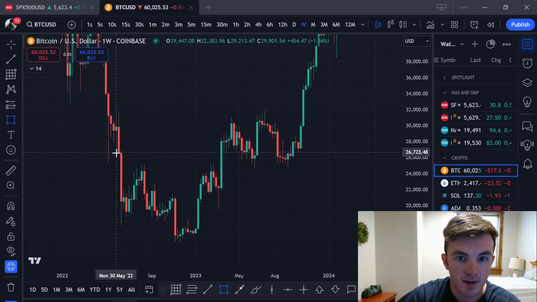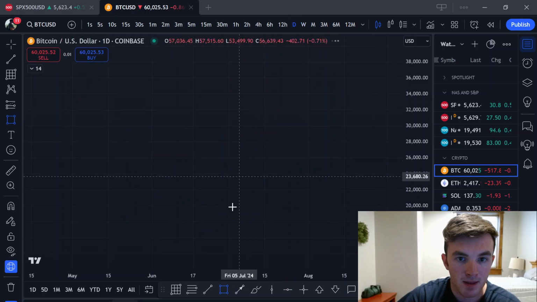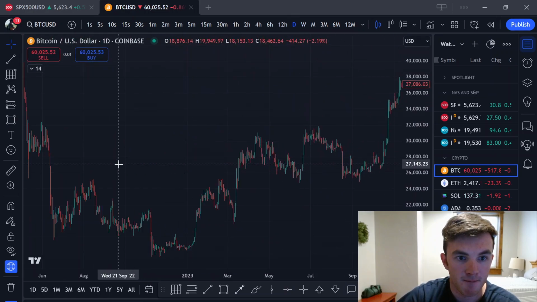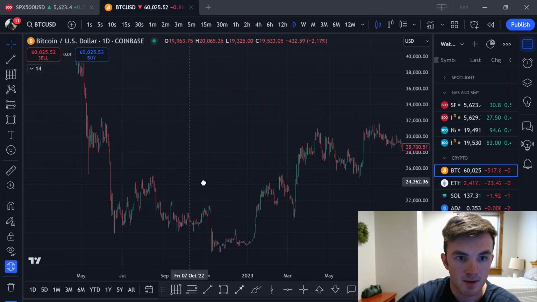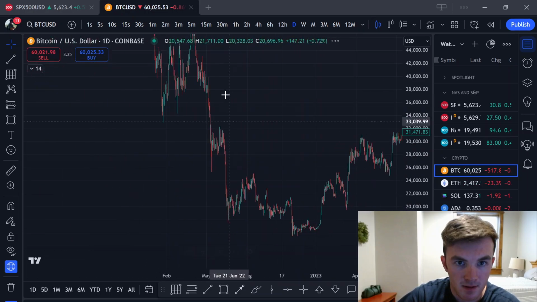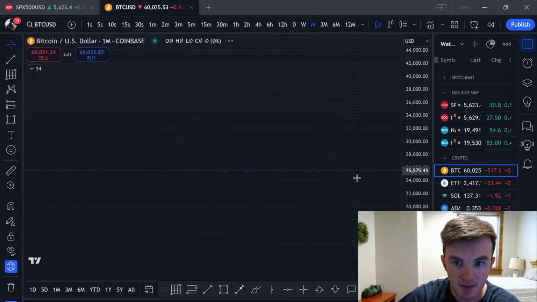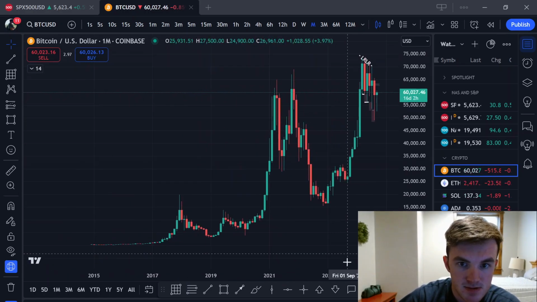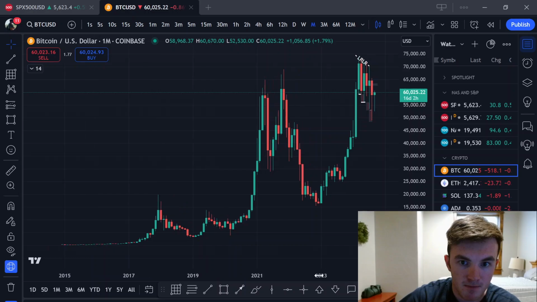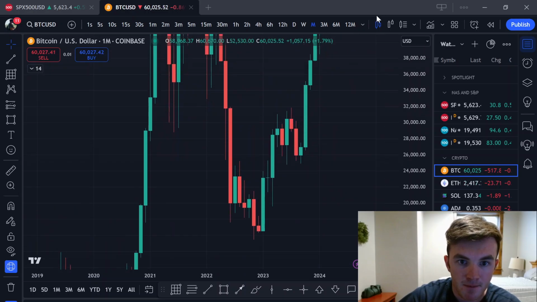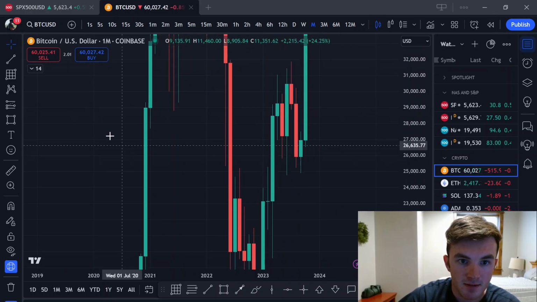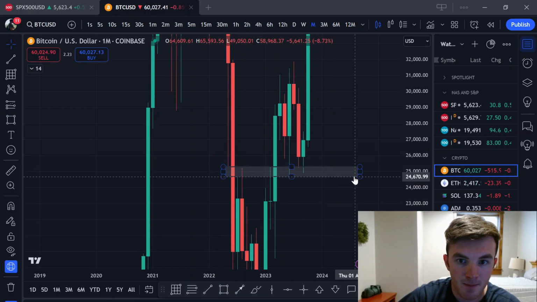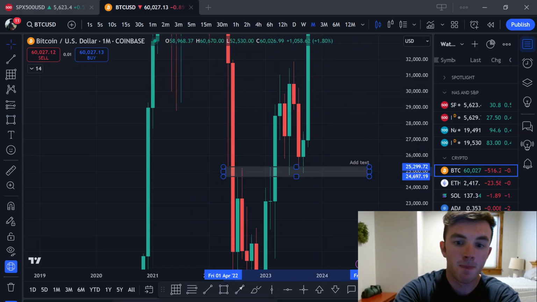But you can see right here on Bitcoin, actually I think it's on the monthly. Yeah. See how this monthly old bearish fair value gap is where price came back to?